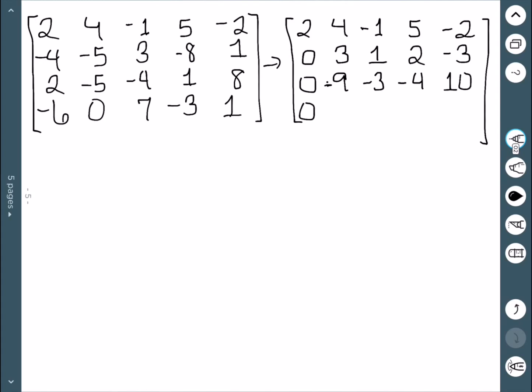For the last row, I would do 3 row 1 plus row 4. That would give me 6 minus 6 is 0. 12 plus 0 is 12. Negative 3 plus 7 is 4.